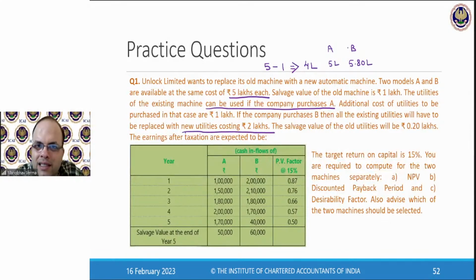Trust me, nothing else. If you get to know what we are saying here, I think the rest is pretty much on the screen. It's the initial cash outflow that you need to understand, because they've already given you cash inflows. You have to just discount and calculate the present values. Rest is history. I can imagine that the rest of the stuff you guys know very well.